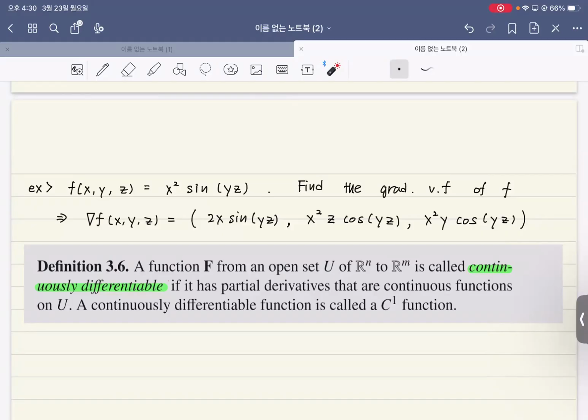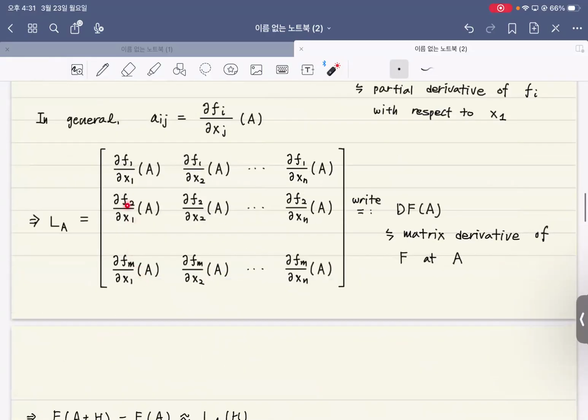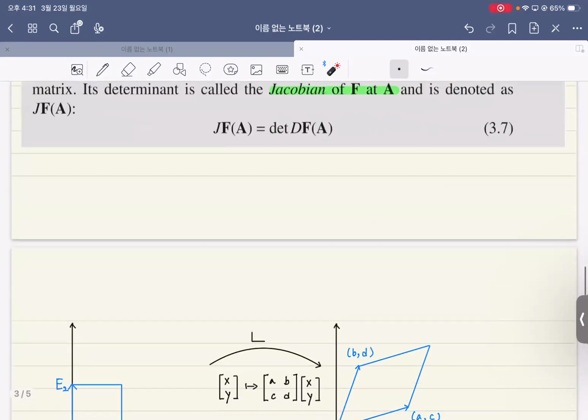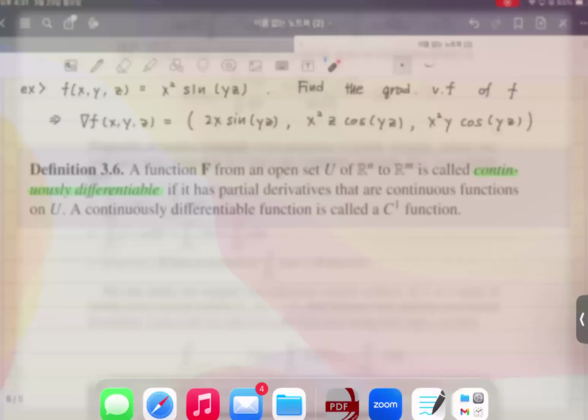So in other words, this is your matrix, and if all these partial derivatives are continuous on the given domain, then we say the function is continuously differentiable. And there is also good news.